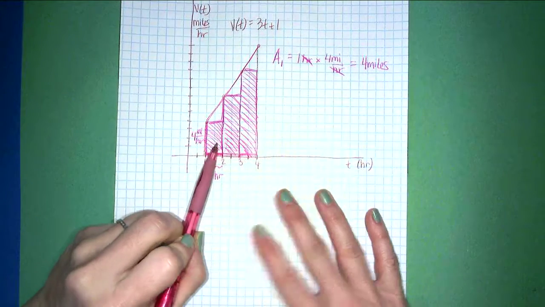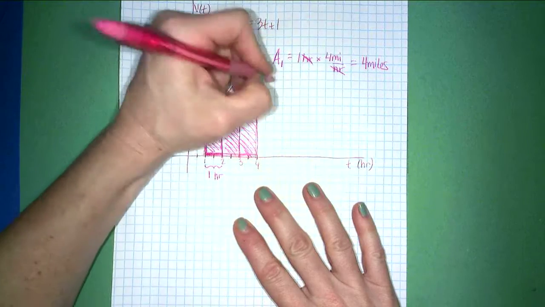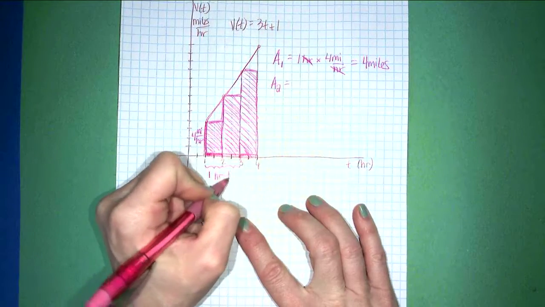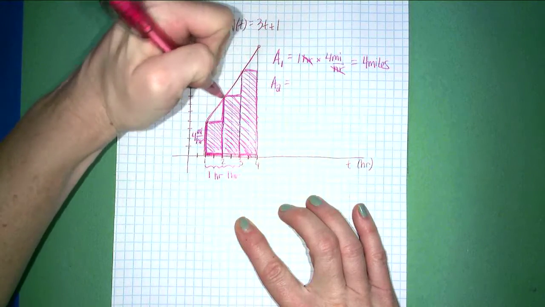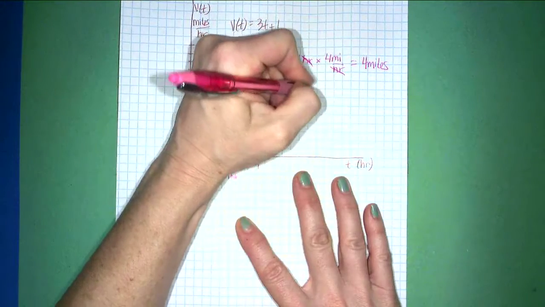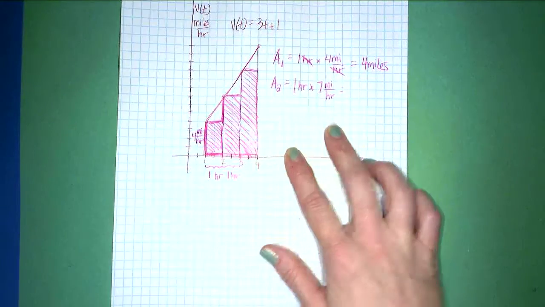Interesting. So it seems that the area trapped under a velocity graph, the way the units work out, is giving me position. If I do area 2, the second rectangle, again I have 1 hour, and my height here is, what am I at there, 7? Yep. So 1 hour times 7 miles per hour, again those hours cancel, gives me 7 miles.